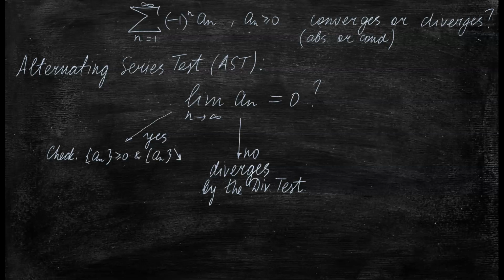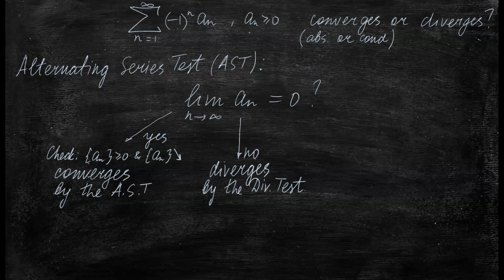So if, in addition to the limit being equal to 0, these two conditions are satisfied, then the conclusion is that the alternating series converges, and the reason is the alternating series test.